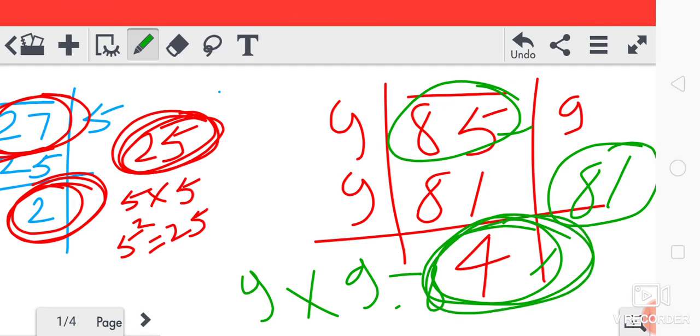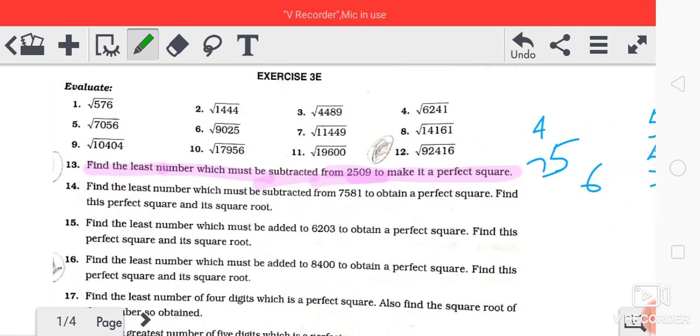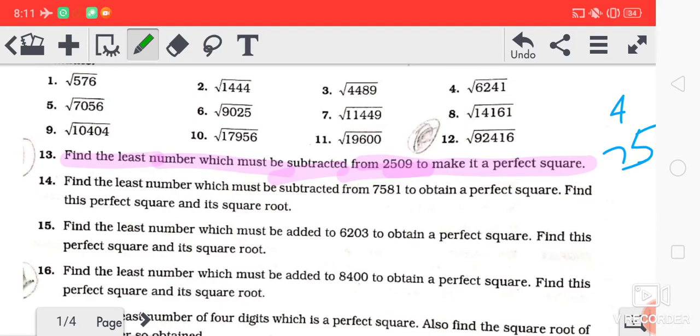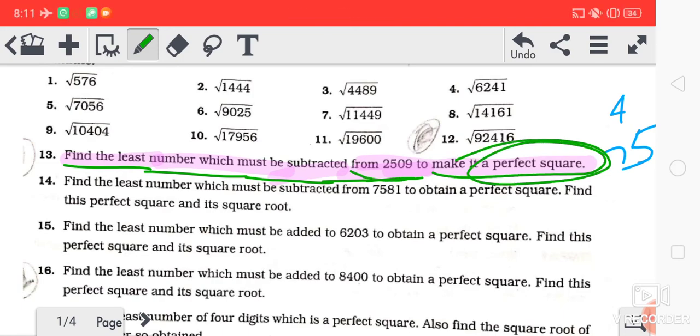Okay, so the same question is given in the form of a statement. You can see here, what is the question? Find the least number which must be subtracted from 2509 to make it a perfect square. 2509 is not a perfect square.